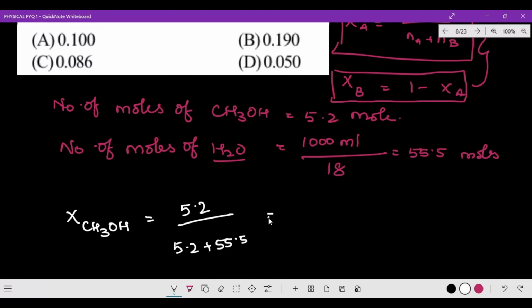So you will get 5.2 divided by 60.7, right? Make it a whole number: 520 divided by 607.